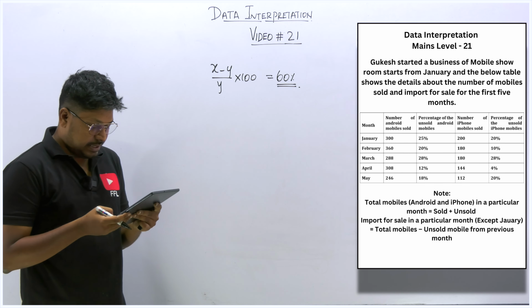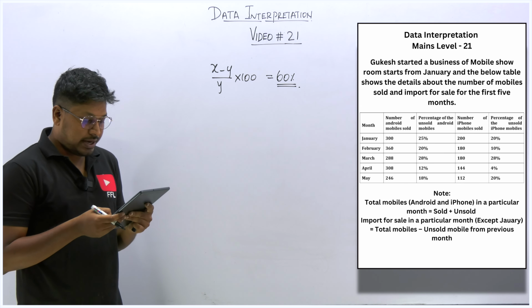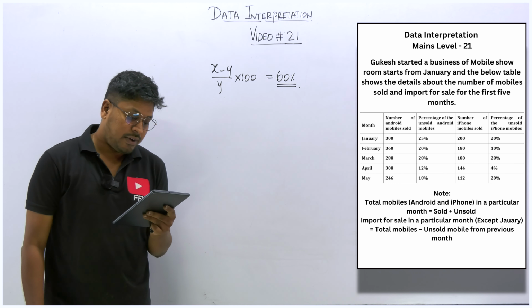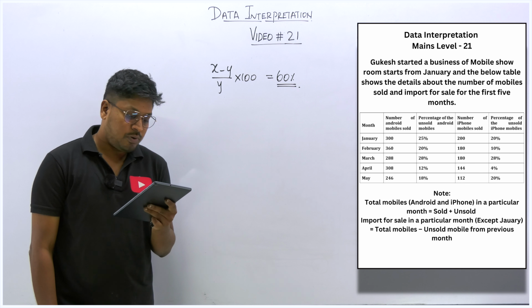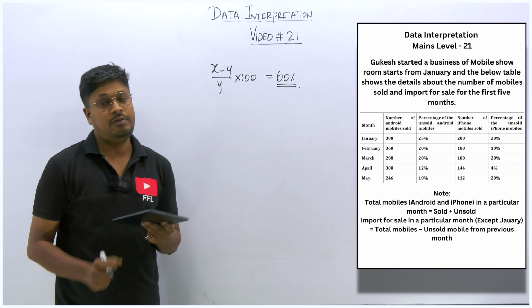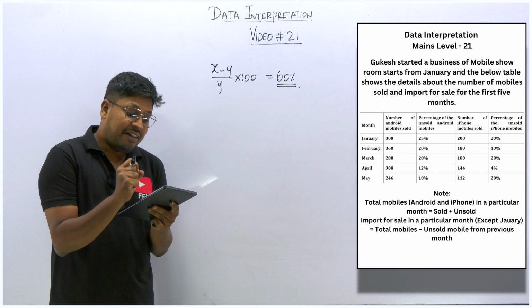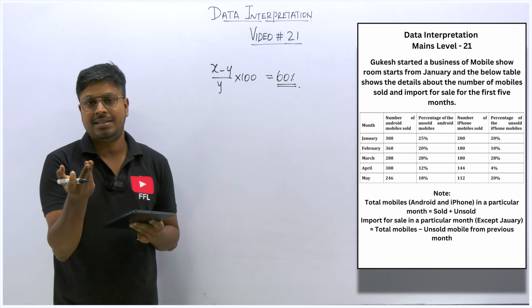So what about the second one? If the average price of Android mobile is 28,000 and the average price of iPhone is 42,000, find the average amount received from both Android as well as iOS in the month of February. Our target is to find the average amount received, and they have given the average price, so it is easy.